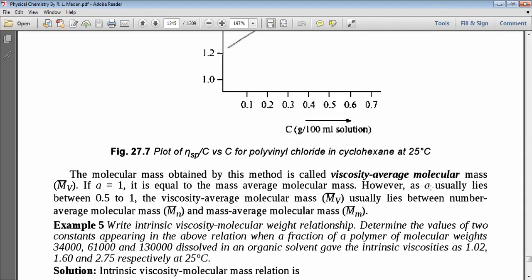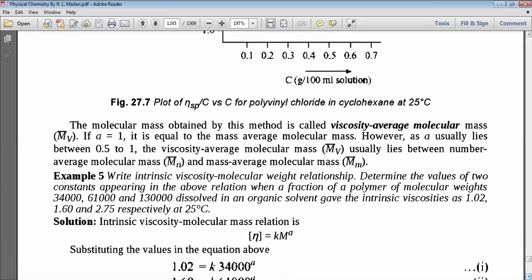However, as a usually lies between 0.5 to 1, the viscosity average molecular mass M v bar usually lies between the number average molecular mass and the mass average molecular mass.